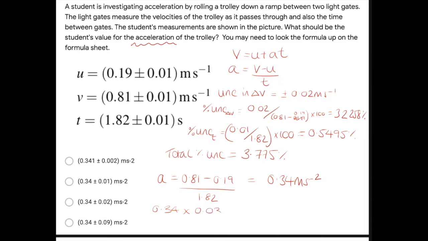So we take 0.34 and we multiply it by 0.03775, which gives us a value of 0.013 meters per second squared. So our final value for a is 0.34 plus or minus 0.01 meters per second squared. And when we look at our options, that is option B.